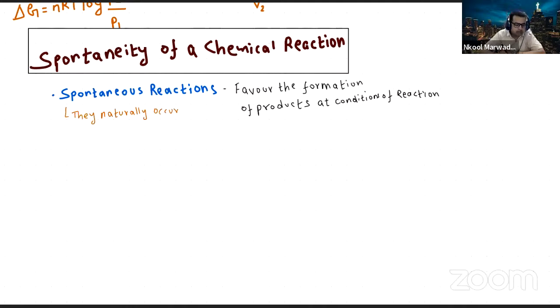And they may be fast, they may be slow. It depends. Spontaneous reactions may be very fast or very slow. There is no hard and fast rule. It depends on the process.